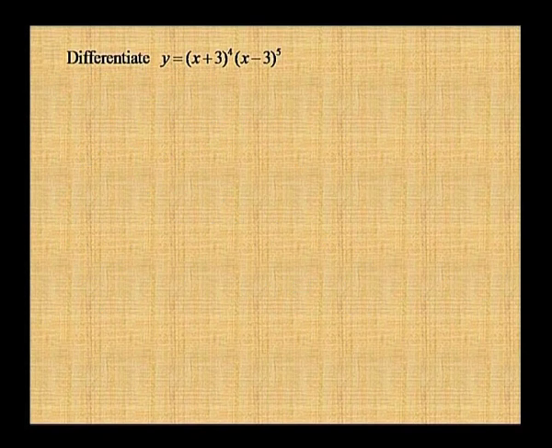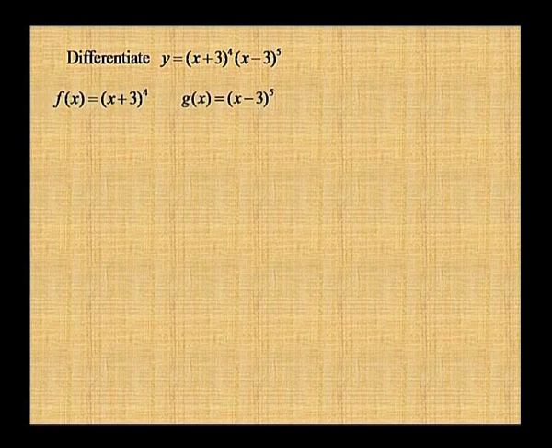Now we use the product rule for the function y equals (x + 3) to the power 4 times (x - 3) to the power 5. In this function we have two parts. We declare f(x) equals (x + 3) to the power 4 and g(x) equals (x - 3) to the power 5.